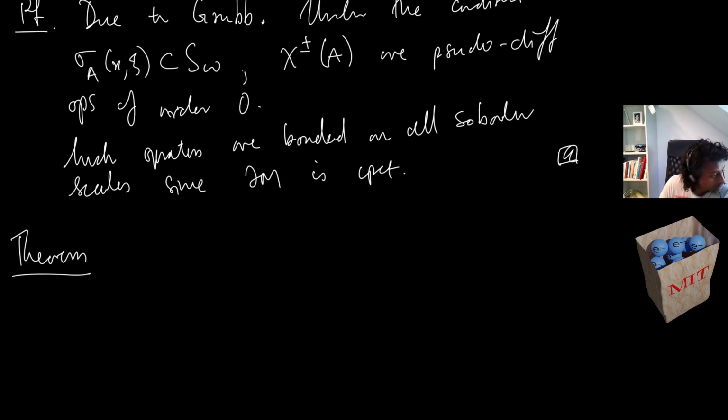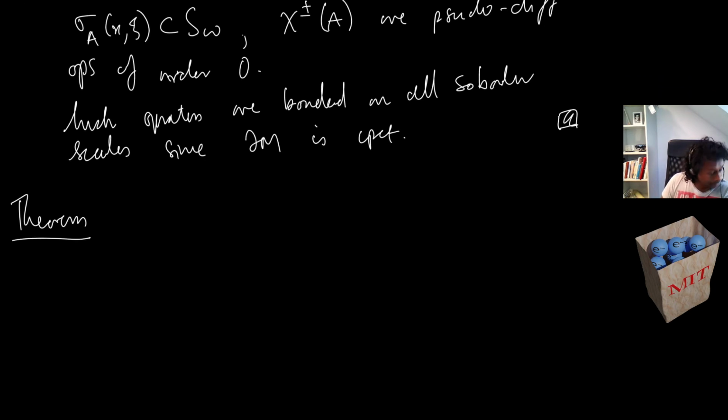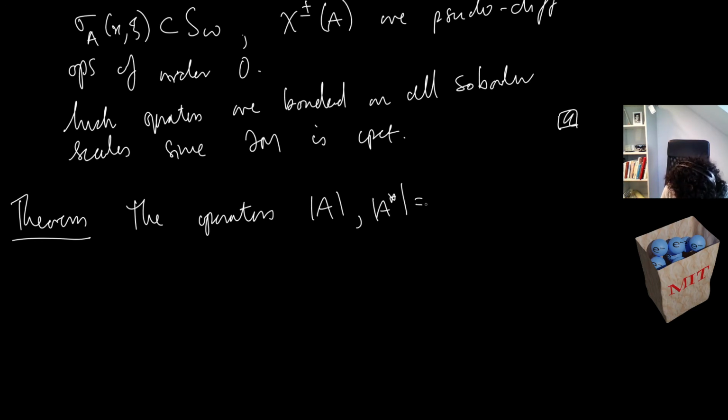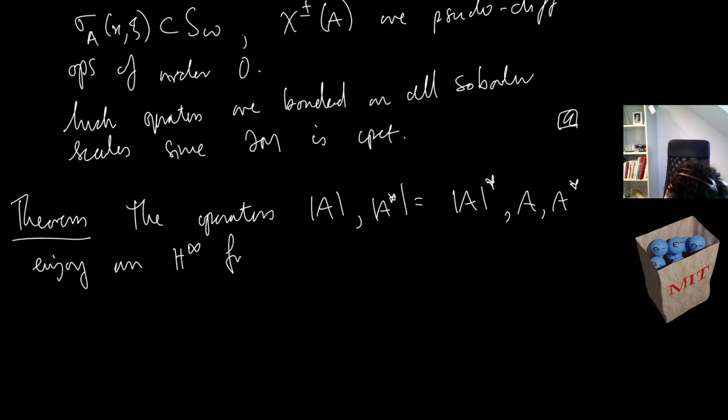So the important thing is now this. With all of this, we arrive at the main thing. The operators modulus A, modulus A star, A and A star enjoy an H infinity functional calculus.